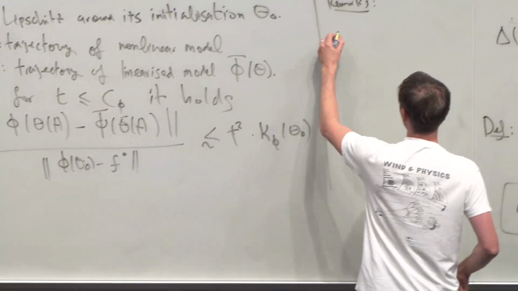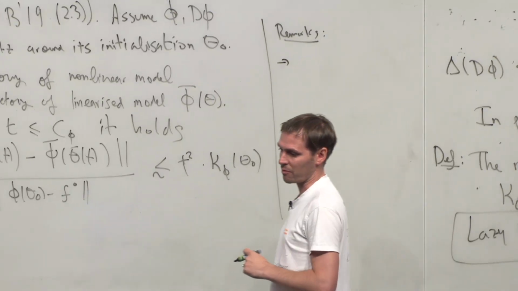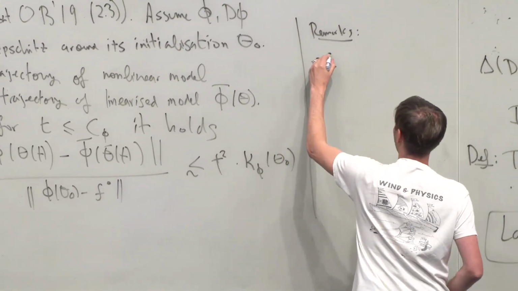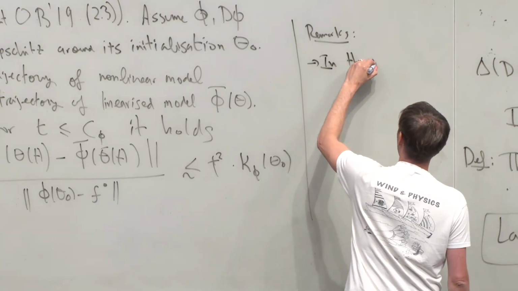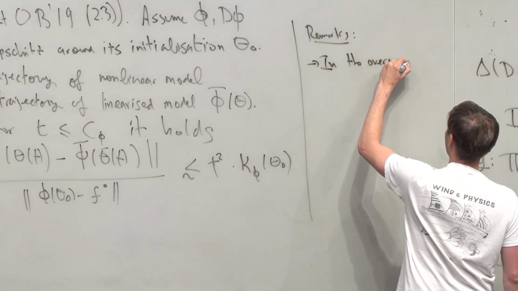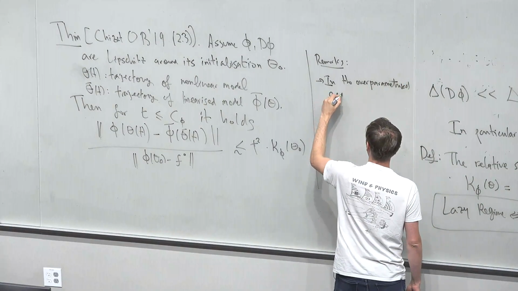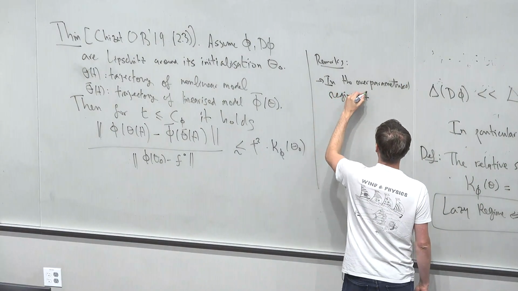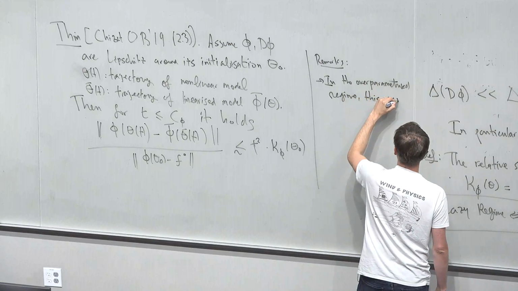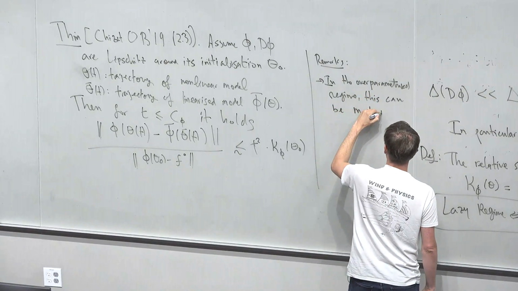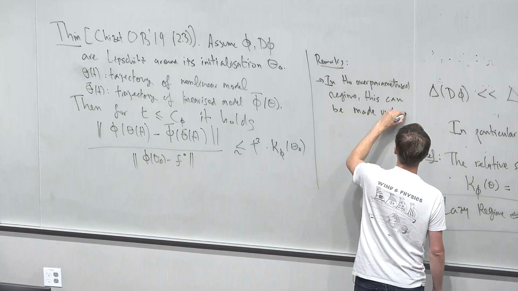So you can actually get uniform bounds. In the over-parametrized regime, these can be made uniform in time.